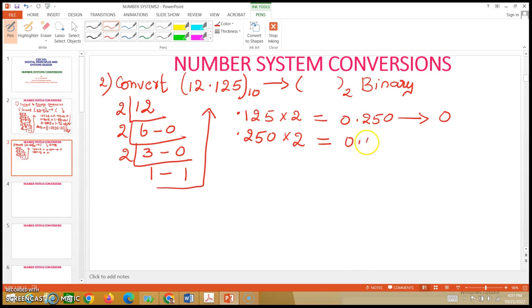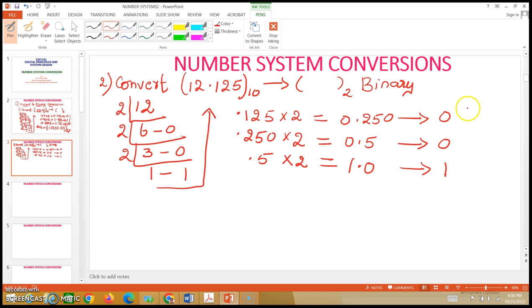That is 0.5. Again consider the integer value, and the third step is multiply it by 2. Sorry, I'll erase this 0 part. What is 0.5 into 2? It is 1.0. Consider the integer part alone.